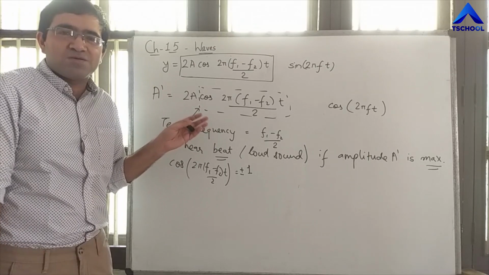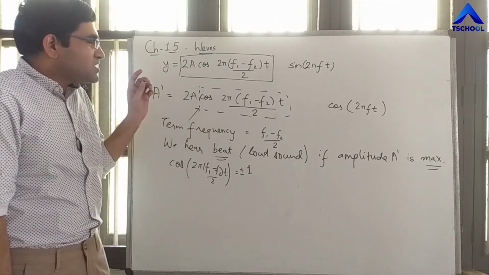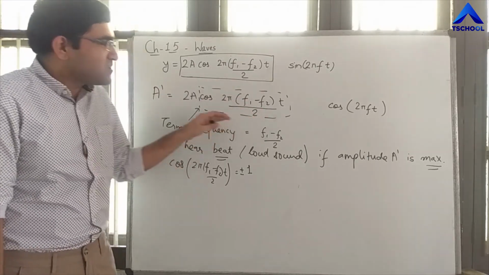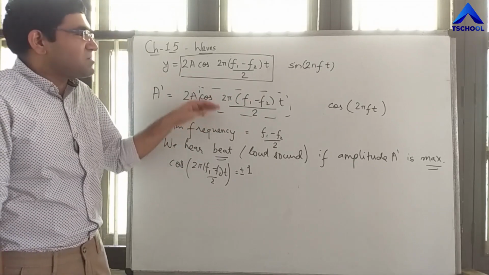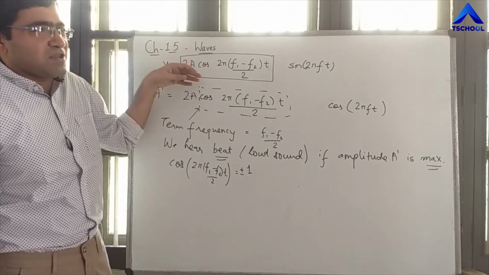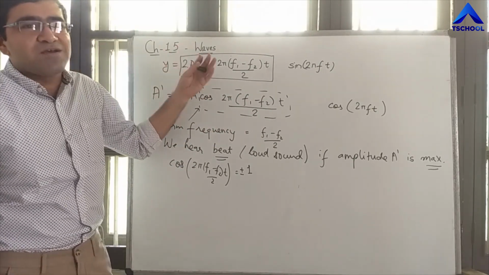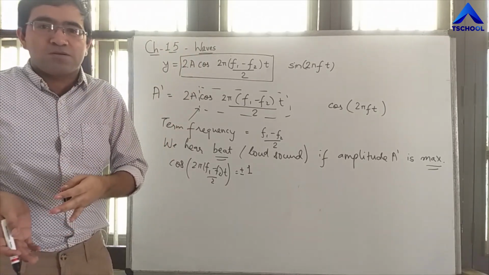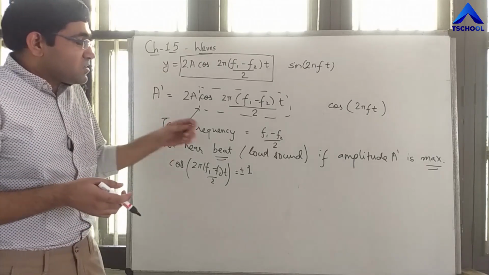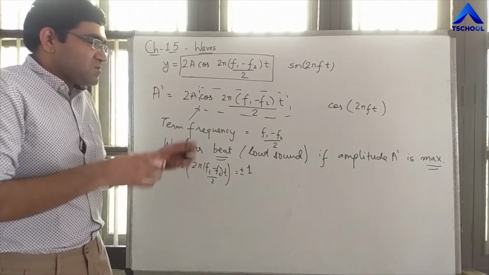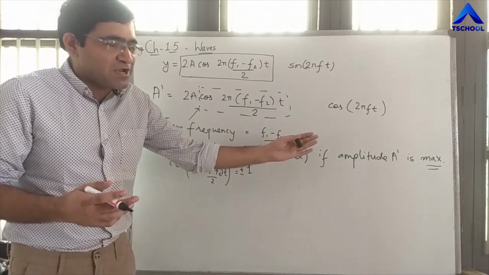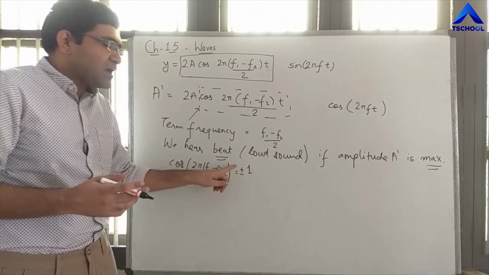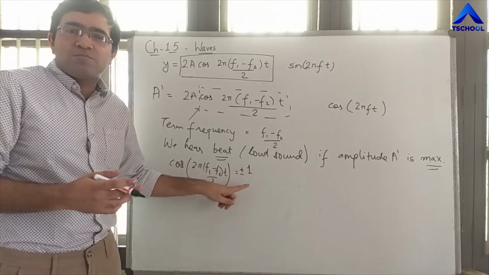Even in that case you are going to get a beat, because if the value of this term is negative, that simply means that the displacement of the particle is in the opposite direction, right? So we're going to hear a loud sound when the amplitude A dash is maximum, so it could either be plus 1 or minus 1.